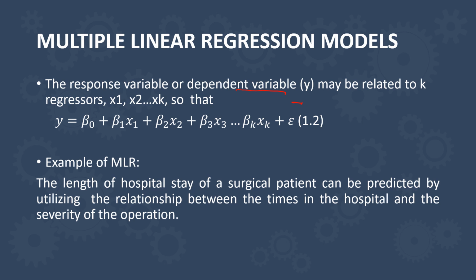For example, to predict the length of a hospital stay of a surgical patient, we might consider various factors such as the severity of the operation or other relevant variables. Don't worry, we will go into details of both simple linear regression and multiple linear regression in the coming chapters to explore their applications further.